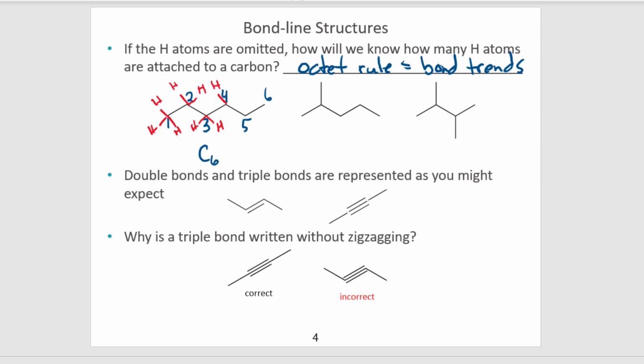Carbon 4, 2 assumed hydrogens. Carbon 5, 2 assumed hydrogens. And carbon 6 only has 1 shown bond, so it must have 3 assumed hydrogens. Count up the hydrogens: 1, 2, 3, 4, 5, 6, 7, 8, 9, 10, 11, 12, 13, 14. That's H14. Try the other 2.